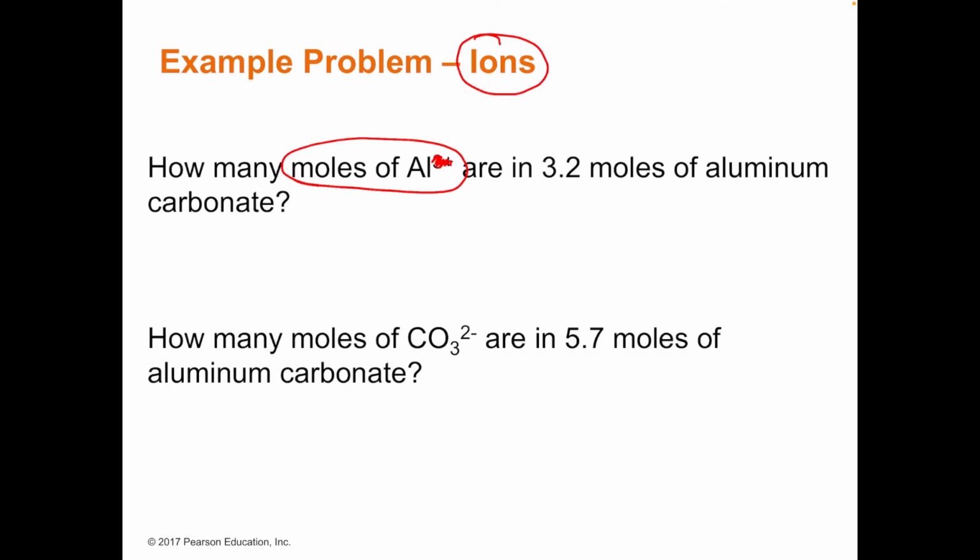It's just saying Al3+ because it's coming from aluminum carbonate, which is an ionic compound. As you remember, anytime we have an ionic compound, that means we need to write out the ions and then circle and switch. So aluminum is Al3+, right? Aluminum has 3 valence electrons. So when it loses those 3 valence electrons, it loses 3 negative electrons, it's going to become a 3 positive.